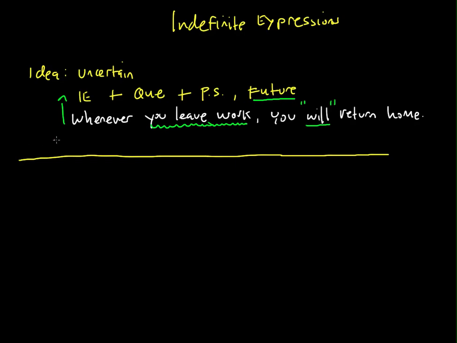So now let's write this sentence in Spanish. Here's our expression, cuando quiera que. Now we're going to use the verb salir here. So cuando quiera que salgas del trabajo, you will return home.